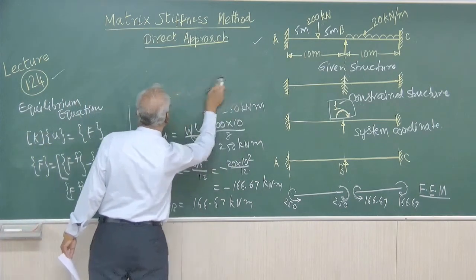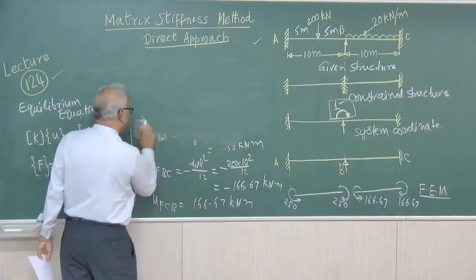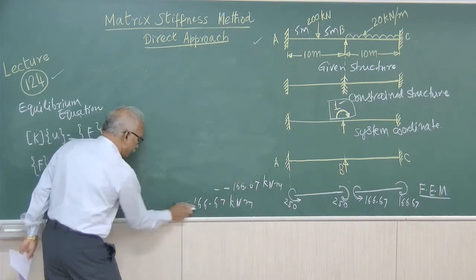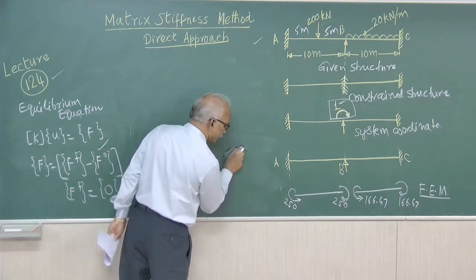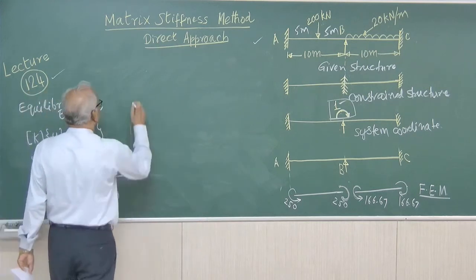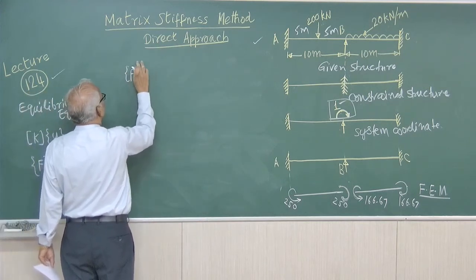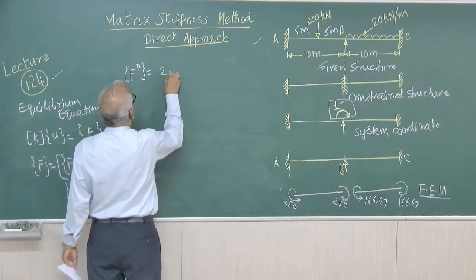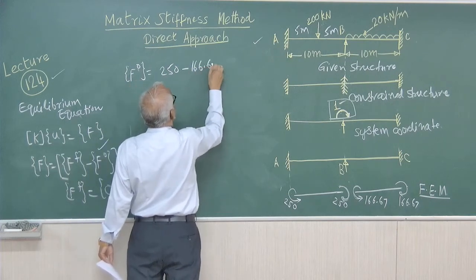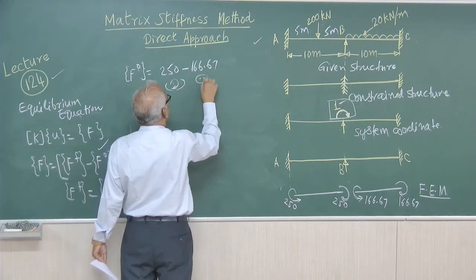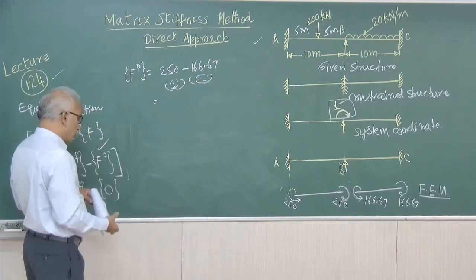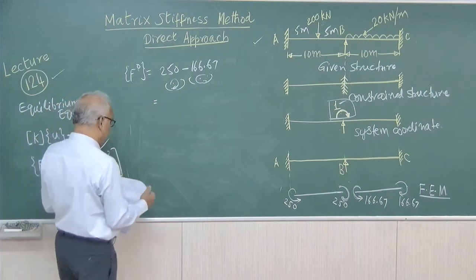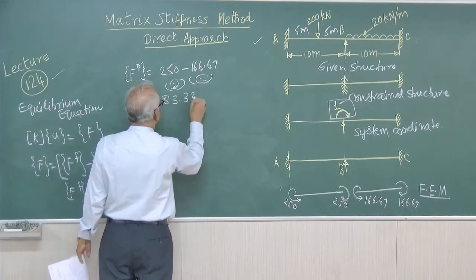Therefore, the value of F naught equals 250 minus 166.67, because this is clockwise and this is anti-clockwise, equal to 83.33 kilonewton meter.